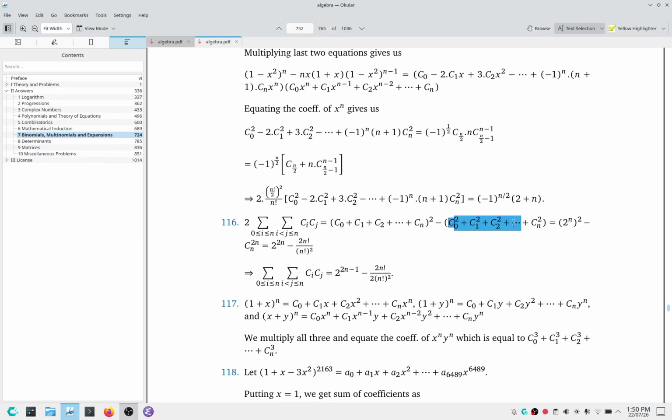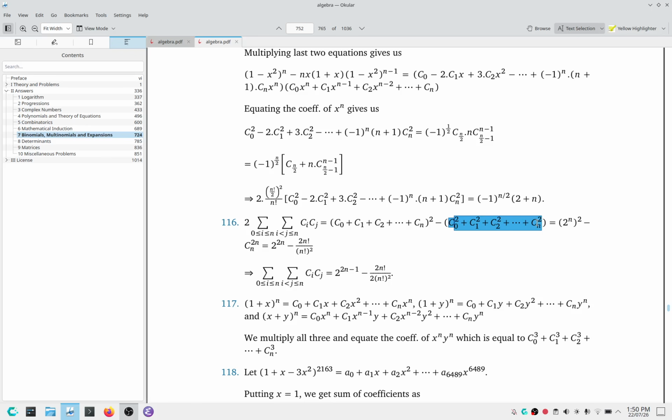So to evaluate this, we take (1 + x)^n equal to c0 + c1 x + c2 x^2 + c3 x^3 up to cn x^n.